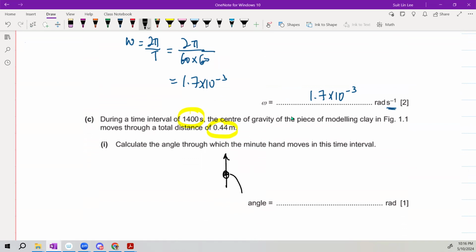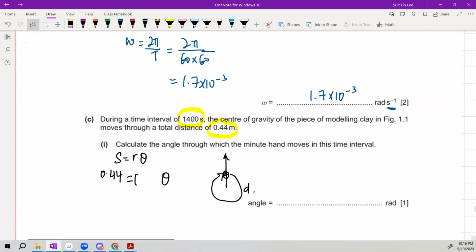As the minute hand rotates, the clay will rotate. So this is the distance d. So I can use S equals R theta, where S is the distance traveled, 0.44. I want to find the angle, theta, in radian, so that's great.